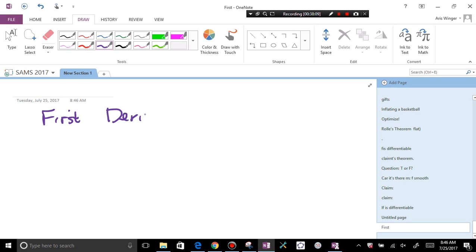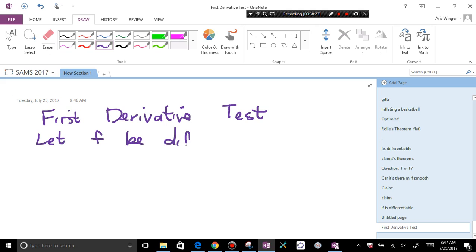The first derivative test. Let f be differentiable, and f prime of c is 0.